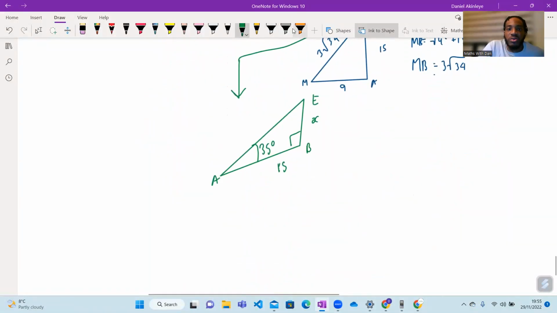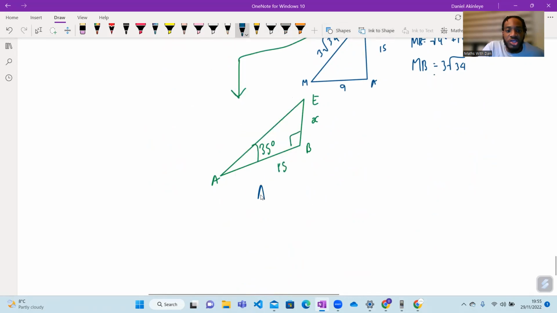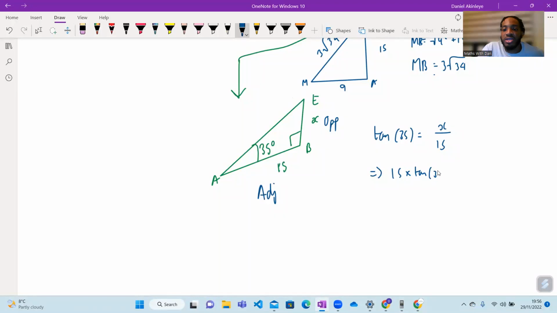So using SOHCAHTOA, I know that this is the adjacent and this is the opposite, so I'm going to be using tan. Tan of the angle, which is 35, is equal to the opposite x divided by the adjacent 15. That tells me that 15 times tan 35 is equal to x.